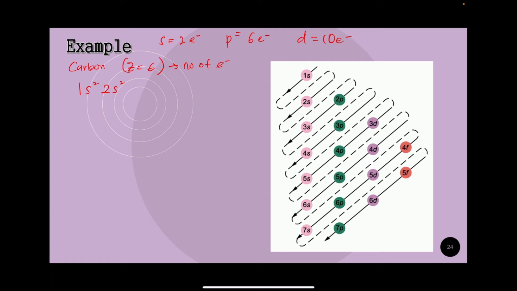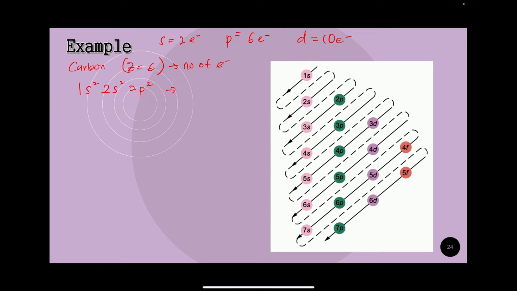Then we have used 4 electrons. Now we have 2 electrons remaining, and for these 2 we put them in the next orbital, which is 2p, so we write down 2 here.